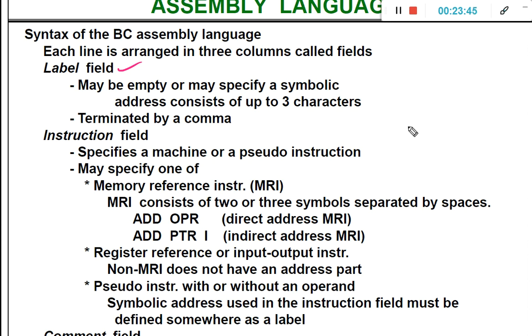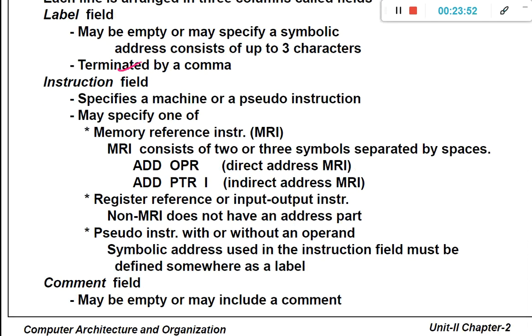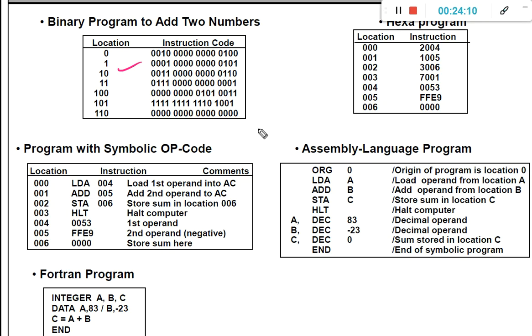So in addition to the instruction field and label field, you will have one more field known as the comment field. This comment field may be empty or may include a comment. If you want to write a comment for each line of code, you can use this comment field. After knowing about these different types of instructions, let us once again check the assembly language program.